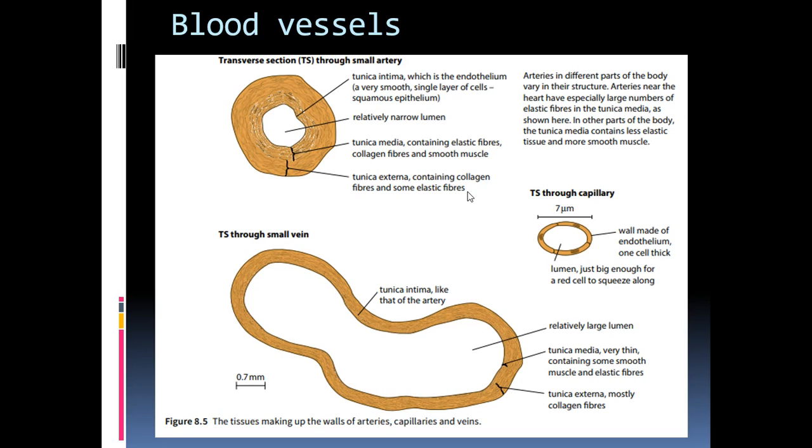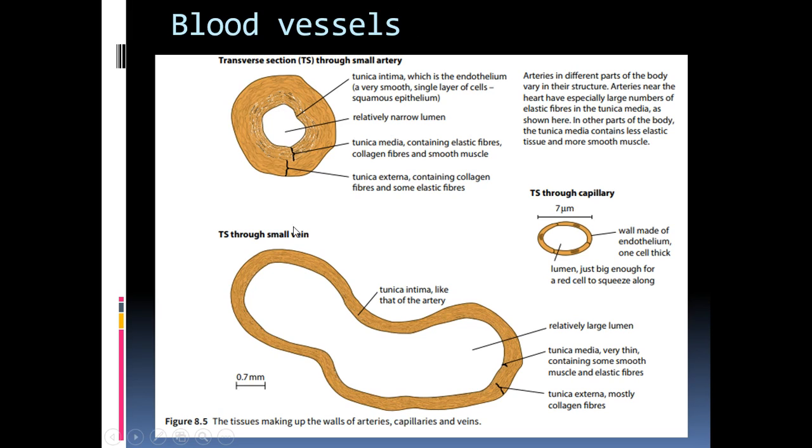So let's start off with the features of the arteries, right? By now you should have already known that arteries transport blood at a very high pressure. The structure of the wall of an artery enables it to perform this function. If you look at the diagram here, you can see that both arteries and veins are made up of three layers. Right?